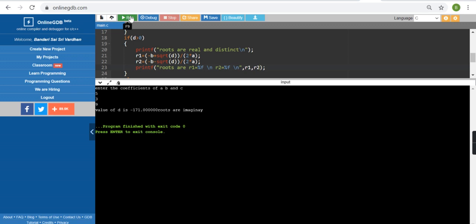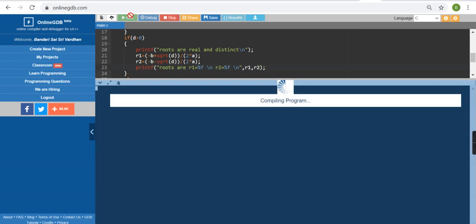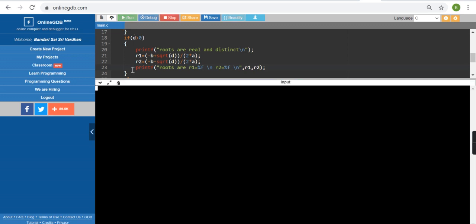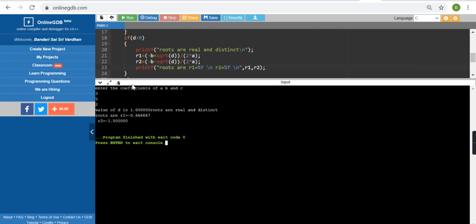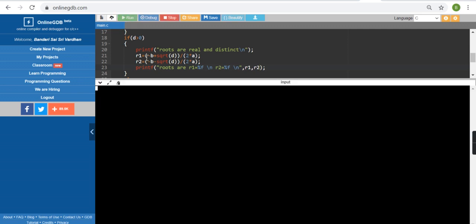Roots are imaginary. Why so? Because the value we are getting is negative, right? You can observe 3, 5, 2. Right, here you can see the value is 1, and the root R1 is minus 0.6667 and R2 is minus 1.00. Right, clear? So this is the program to find the roots of a quadratic equation.